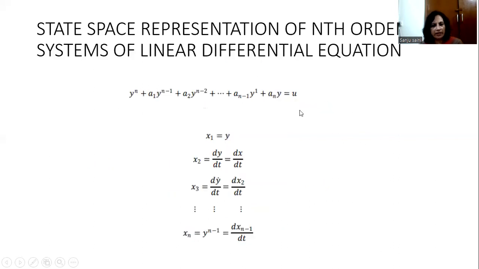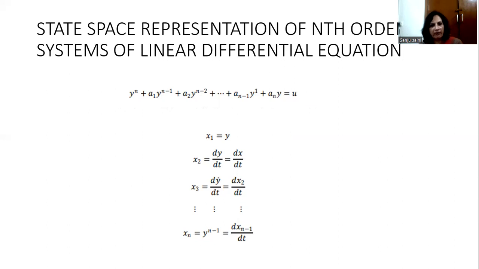First of all, whatever variable you are using, you'll take it as the first state variable. Then the second state variable will be the first derivative of this output. The third state variable will be the second derivative of the output or the variable that is involved, and so on. We'll keep on defining.